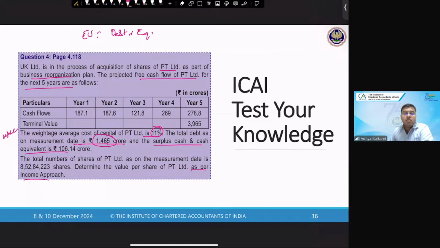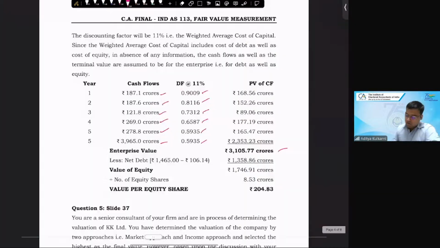Net debt. So net debt will be 1,565 minus 106.14, which comes to 1,358.86.